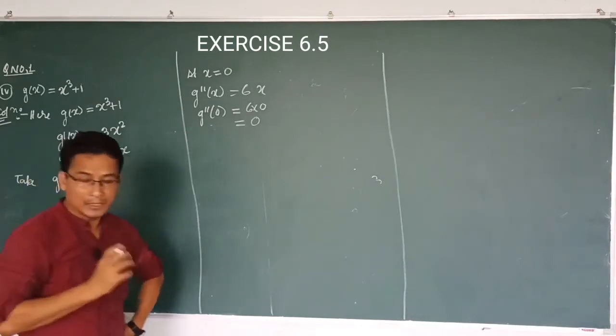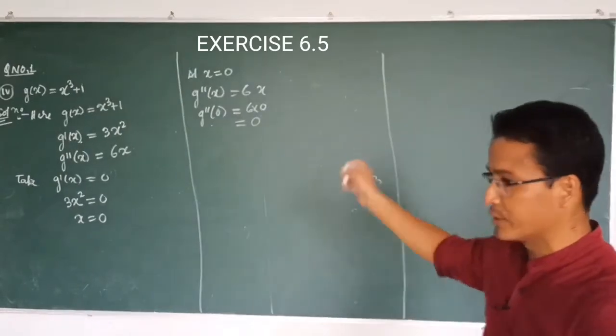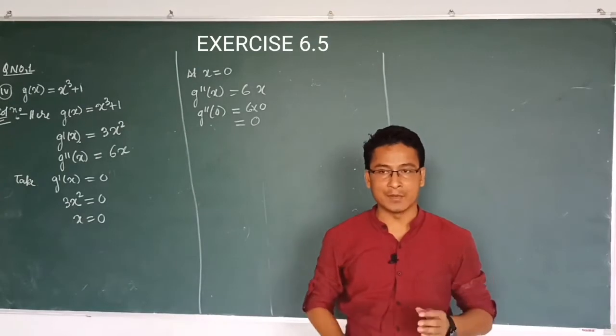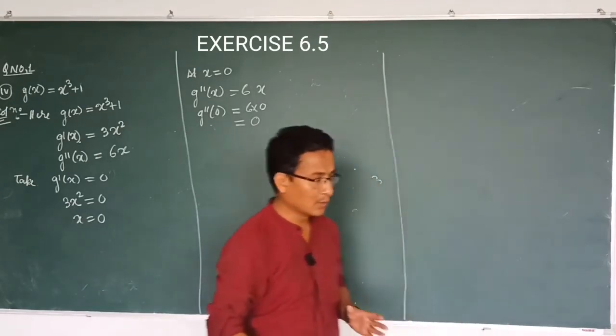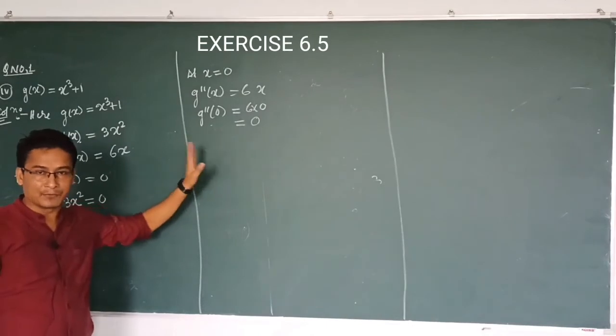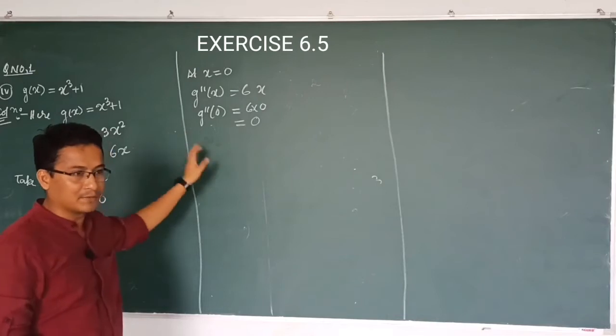If we get g double dash x equal to 0, then we cannot say anything about maxima or minima. As per the definition in our textbook, they say that you go for the first derivative test.